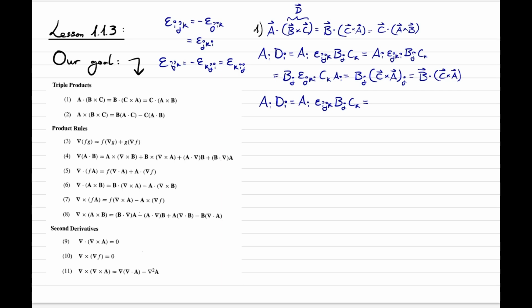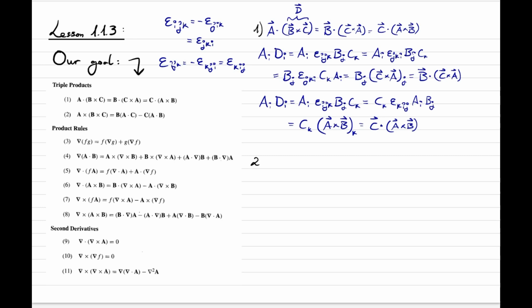And now we can write this as C_k epsilon kij, and now A_i B_j. And now, as before, we have the second index with the first vector, the third index with the second vector, and the free index k. So this is just the kth component of the cross product of A with B, and this is just the dot product of C with A cross B. Okay, so this was the first one.